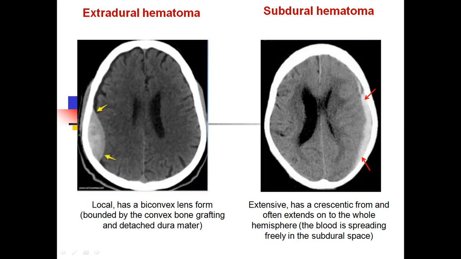So it's between cortex bone and dura mater. Subdural hematoma is extensive, has a crescentic form and often extends onto the whole hemisphere, because the blood is spreading freely in the subdural space.